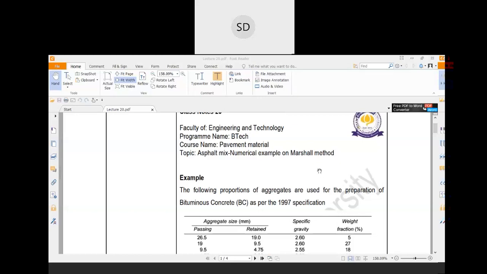So based on the different percentage values, you have to select the minimum bitumen content which will satisfy all the parameters. That is the main idea of your mix design.